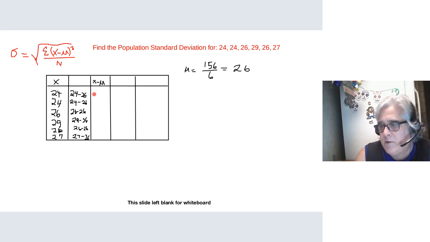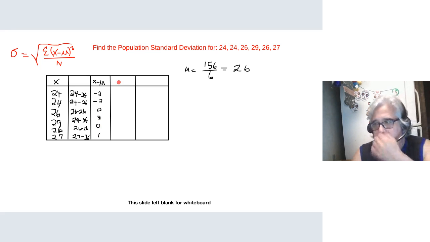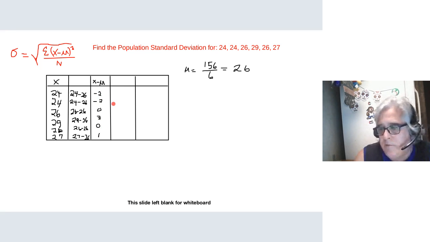So this is -2, another -2. This is 0. 26 minus 26 is 0. It's 3, another 0, and 1. All right, and again, if you add all these up, you get sum of 0. That will always happen with these values, and that's what they call the deviations. See, -4, and then 3 and 1 is also 4, so 0.